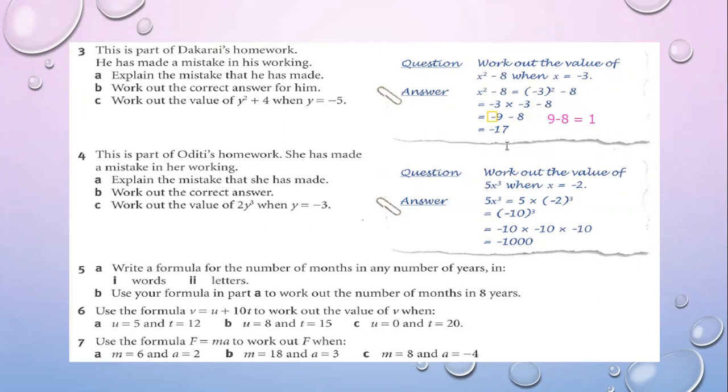So she said work out the value of the following. So easy. y is -5. So first of all, I just put here bracket -5 square, okay, plus 4. So that is equal to 25 plus 4, that is equal to 29.